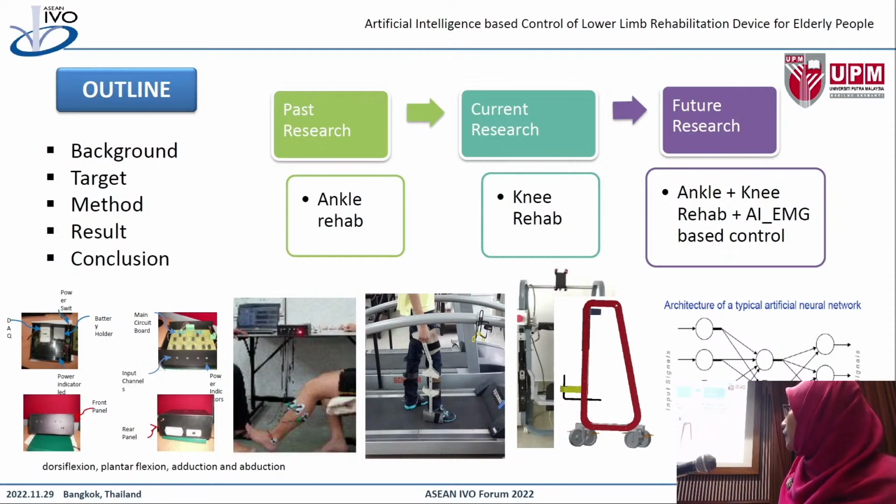Then we move to the current research, which focuses on knee rehabilitation device development. As you can see, we have not integrated the EMG signal and force signal yet, and the monitoring that we developed is not real-time data.